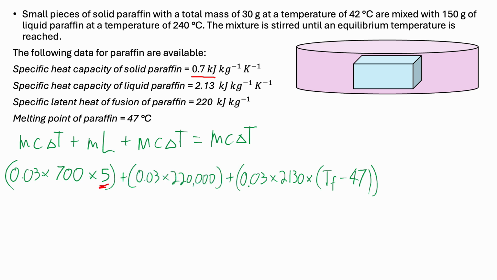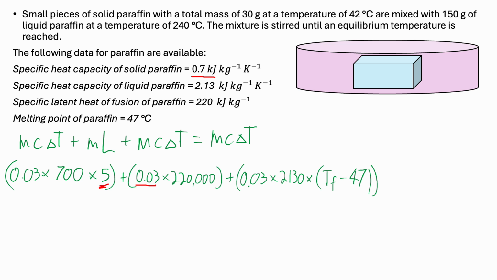Then we need to change the state of 30 grams, which is 0.03 kilograms of the solid, turning it into liquid paraffin. And then finally, we need to heat up the mass of liquid paraffin, that current mass of liquid paraffin, into something above 47.